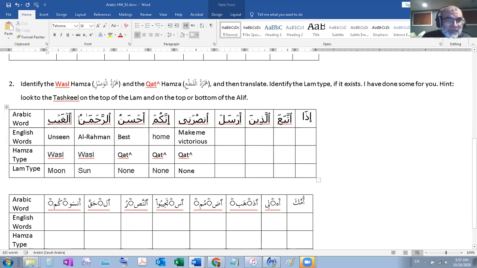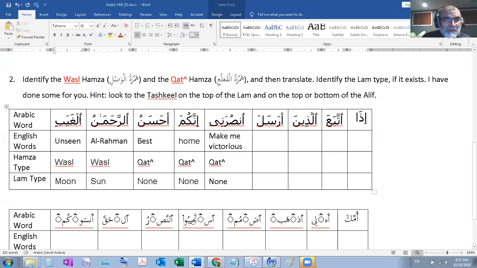It has this mark on the top that I don't know what to call other than Hamzat wasl, which is similar to this mark here. But if you have the actual hamza on the top or on the bottom, then it is qata. So it's very easy to say: if we come here, it's wasl; if it comes here, it's qata.